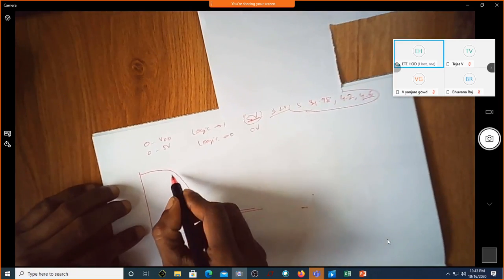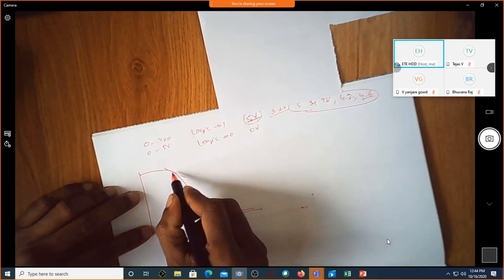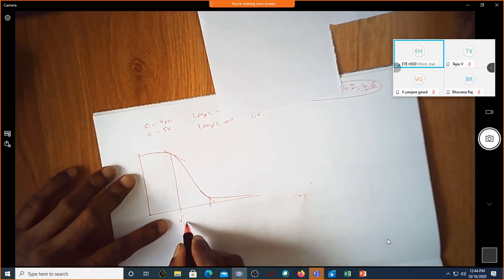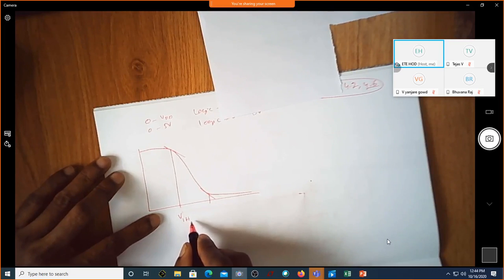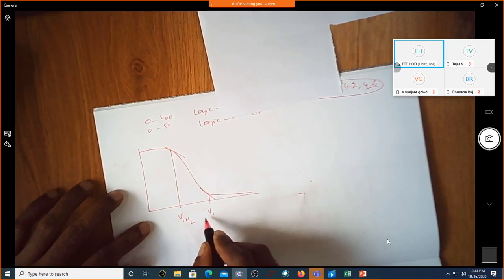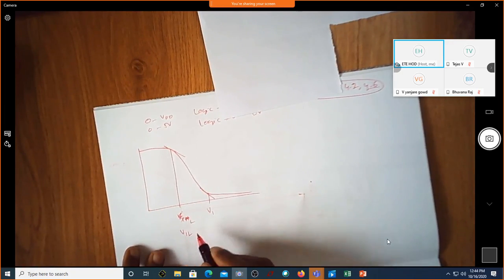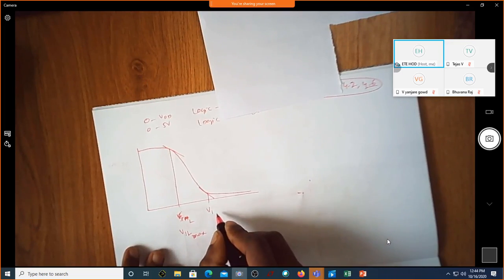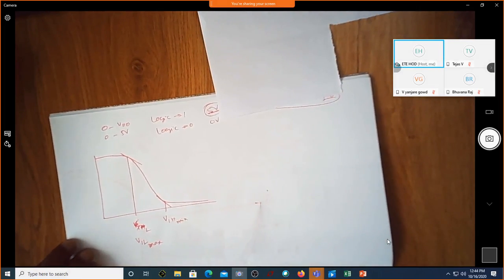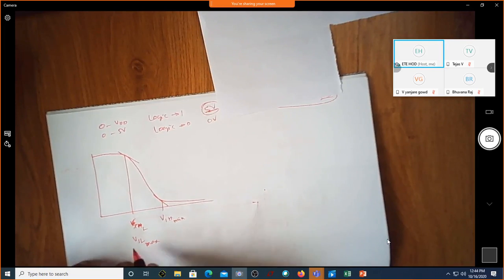See now, I'll write a slope here. Whenever the slope becomes 1, I will take this as VIH, and this is VIL.